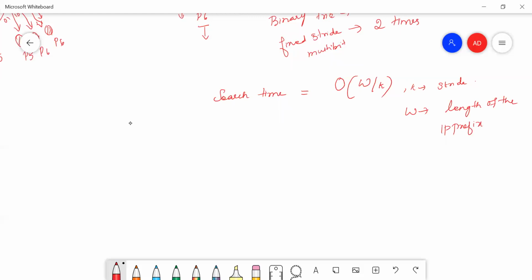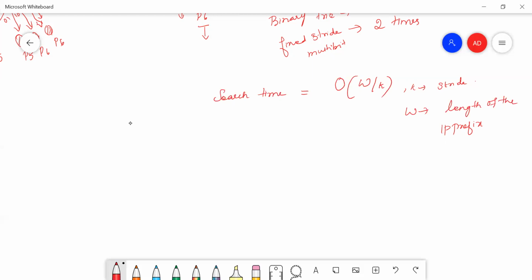This is what is given as the search complexity that happens while traversing a multi-bit trie, that is a fixed stride trie.